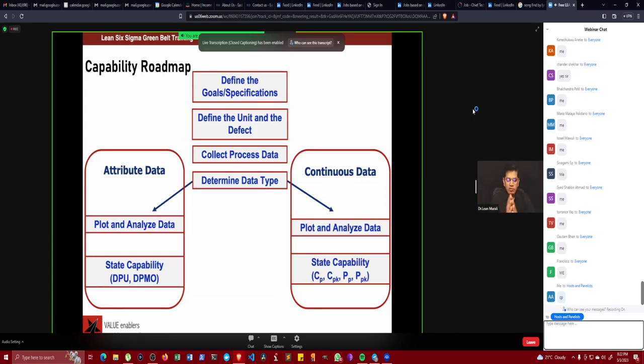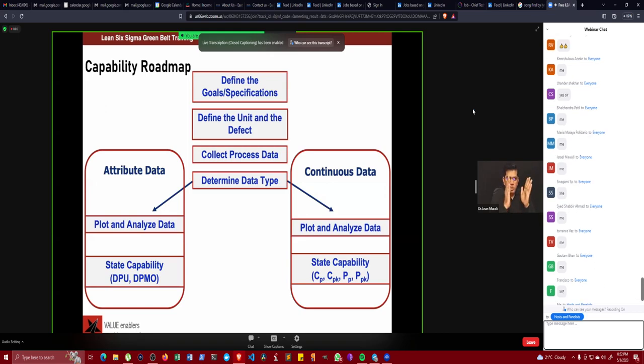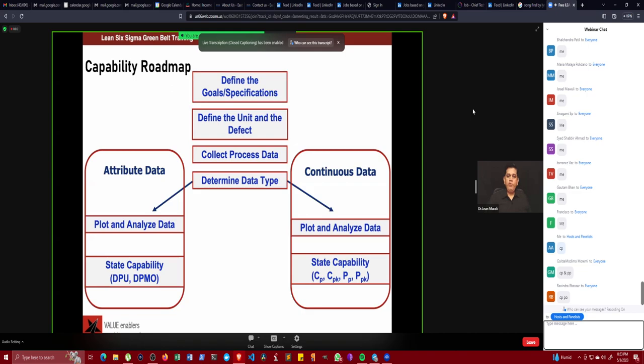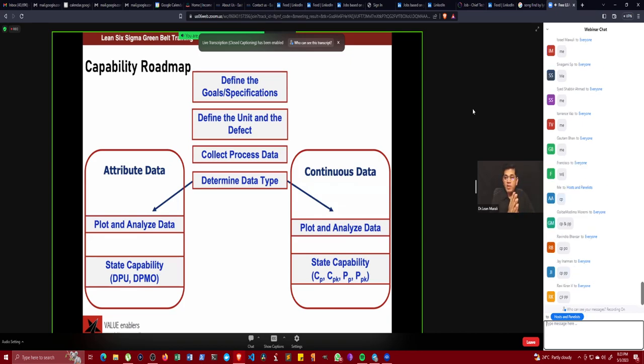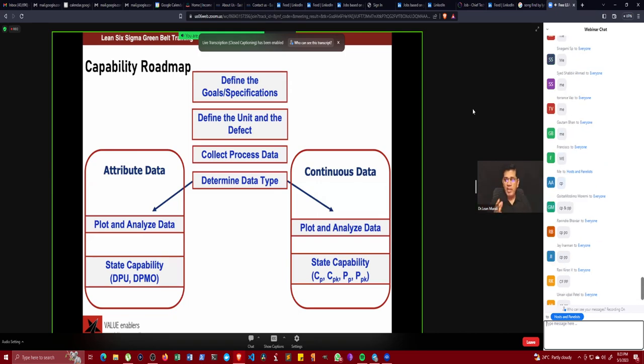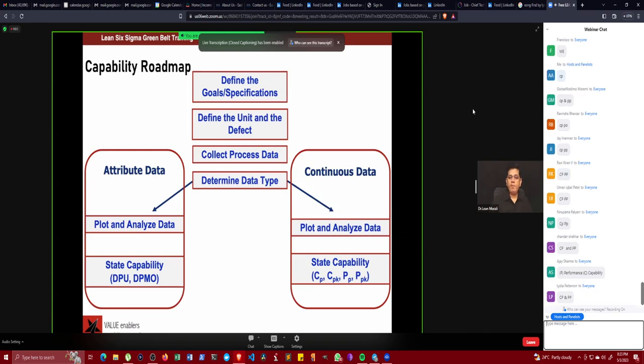C stands for capability, P stands for performance. CP is process capability and PP is process performance. So performance and capability of the process.